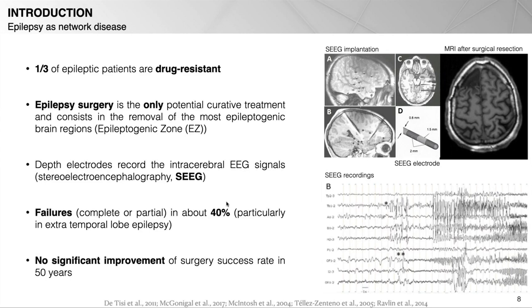For the resective surgery, you need to know where the epileptogenic zone is. It is defined by the subregions that are responsible for the emergence of highly oscillatory and synchronized activity. This is what you see. So here you have an example of stereotactic EEG recordings.